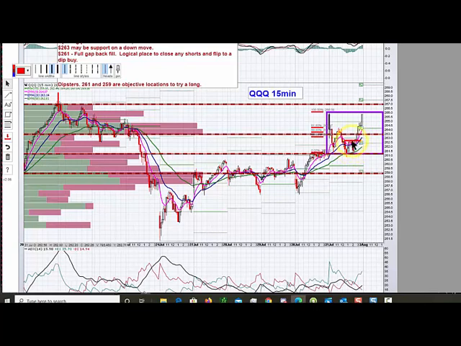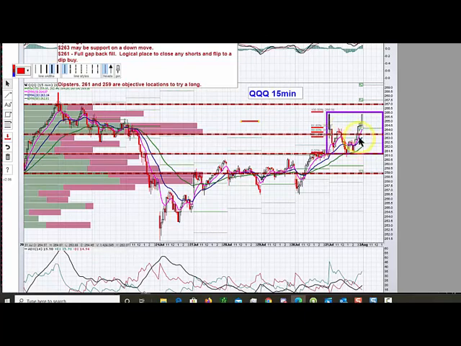Looking back the other way, we had 263.5 as an important level going way back. That also coincides with basically 50% of this move.